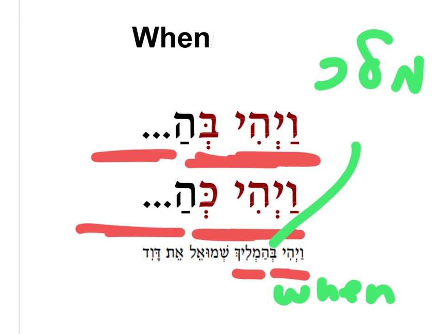So when Shmuel crowned et David. Just to review, et often accompanies Hiphil verbs to show me who's receiving the action. So I would translate this vahi behamlich: when Shmuel caused David to rule, or when Shmuel crowned David.